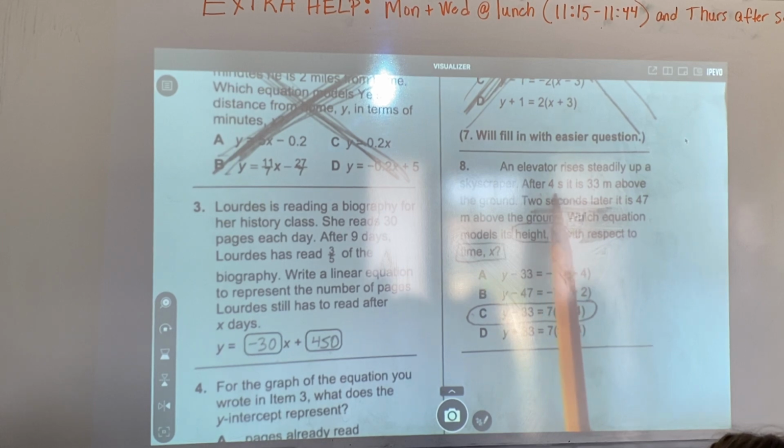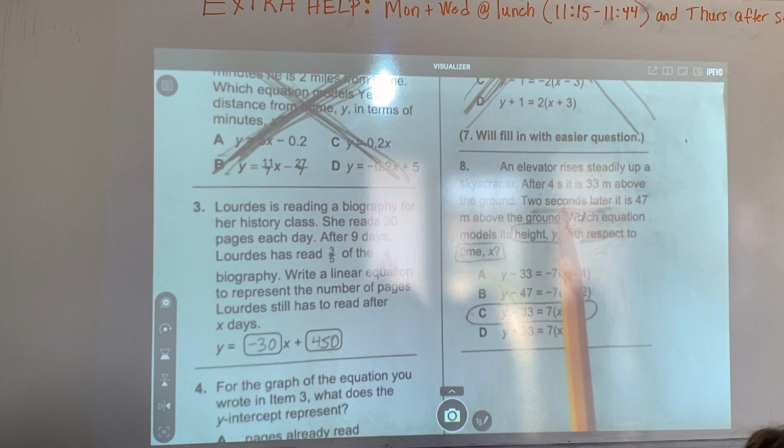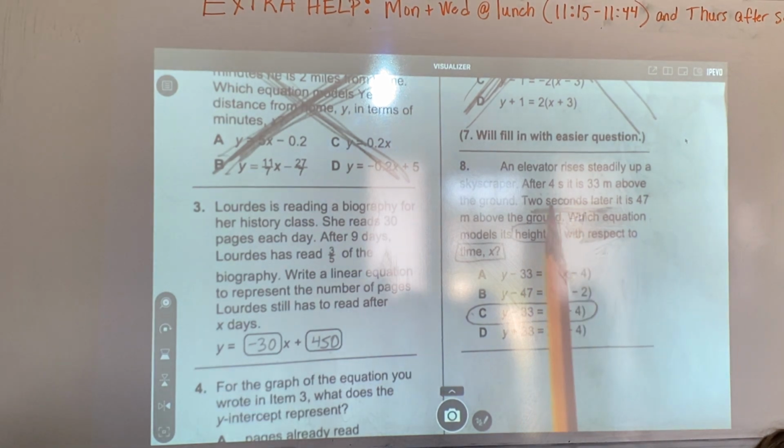After 4 seconds, it is 33 meters above the ground. 2 seconds later, which would be how many seconds? 6 seconds, good. Don't get confused by this and think it's supposed to be 2. 2 seconds later, which means at 6 seconds, it's 47 meters above the ground.